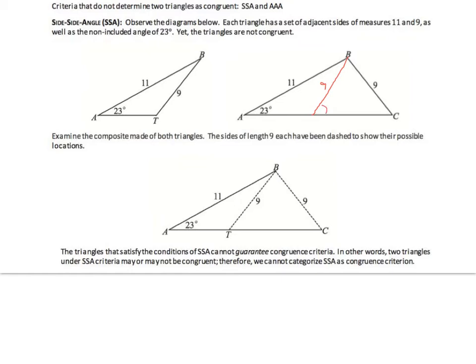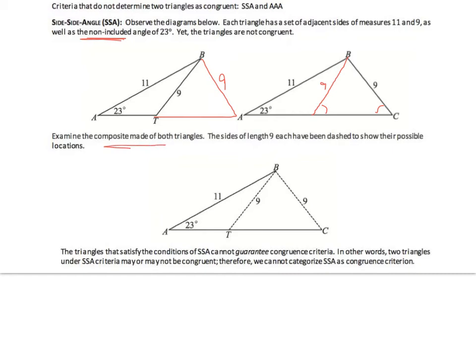Our base angles would be congruent, or I could construct it over here with a measure of 9. Okay, the original triangles are not congruent, but I could use two sides that are equal and an angle that is equal. So each triangle has a set of adjacent sides of measures 11 and 9, as well as the non-included angle 23, non-included. Yet the triangles are not congruent at all.